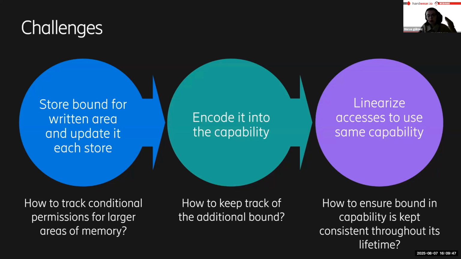This causes problems with the consistency of operation bound across the different capabilities. To ensure this consistency, we introduce something we call a store linearization pass to the LLVM compiler. This pass linearizes memory access in LLVM IR, and by doing that it ensures that all capabilities referencing the same region stay in sync in terms of the operation bound.